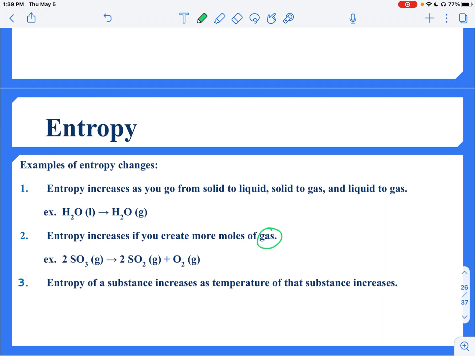So we're just going to be looking at gas for this one, meaning if we have 2 moles of gas on one side and 3 moles on the other, that's an increase in entropy. You look at the coefficients for moles. So you have 2 moles and they're gas, and then you have 3 moles, they're both gases. So that's an increase in S. And then if you increase the temperature, you are also increasing the entropy.